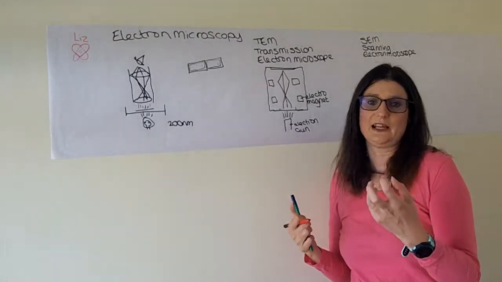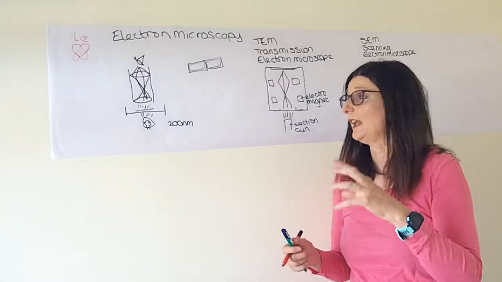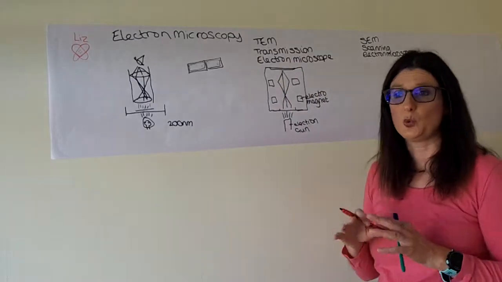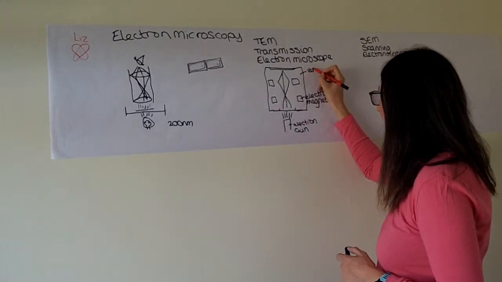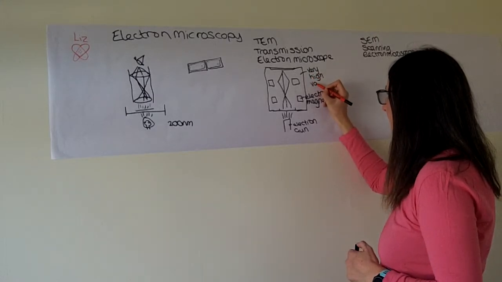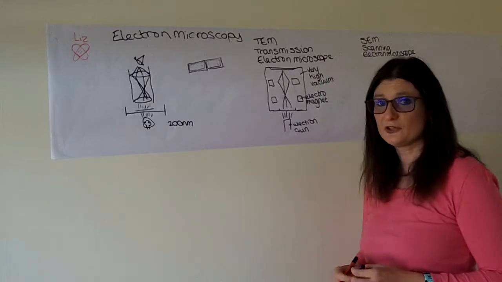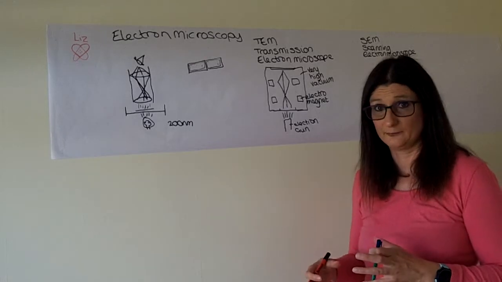Electrons are the outermost levels of atoms, and so in order to get this area without any electrons in it, you need it under a very high vacuum. And because of this, you can't view living cells.